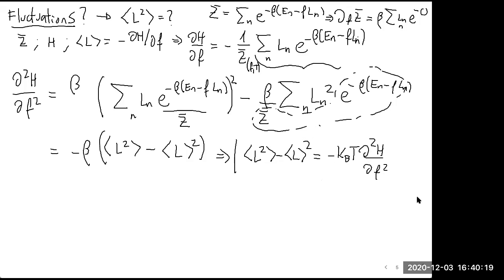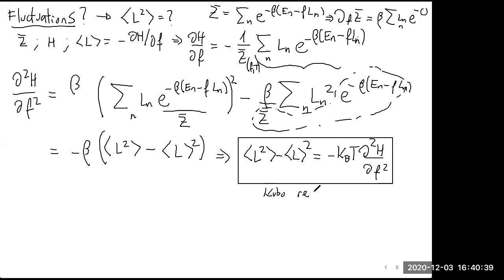Let me do something better. So this is very nice, and something we have derived simply is often called the Kubo relation. The variance of L is related via the thermal energy to the second derivative of H with respect to F.